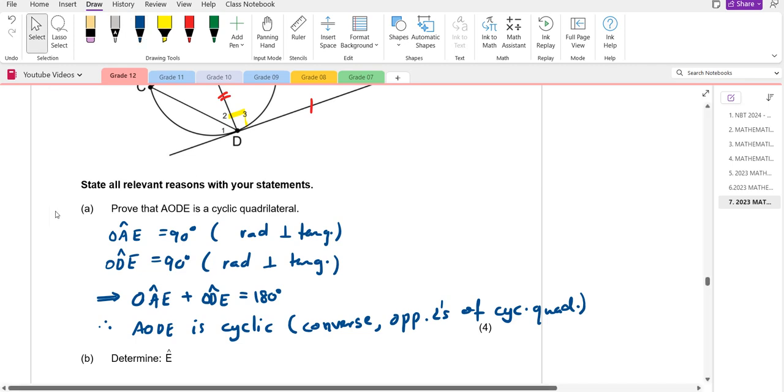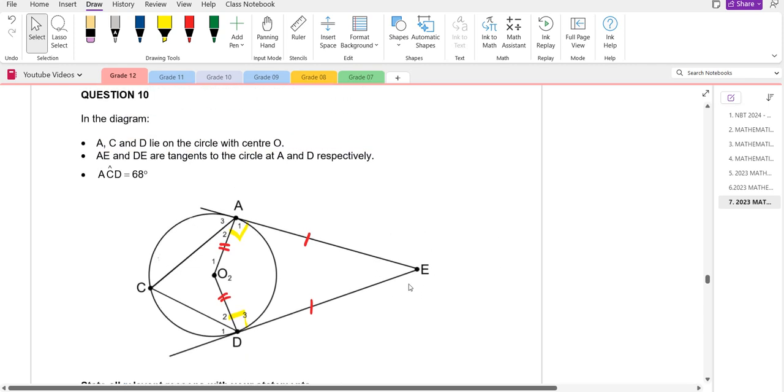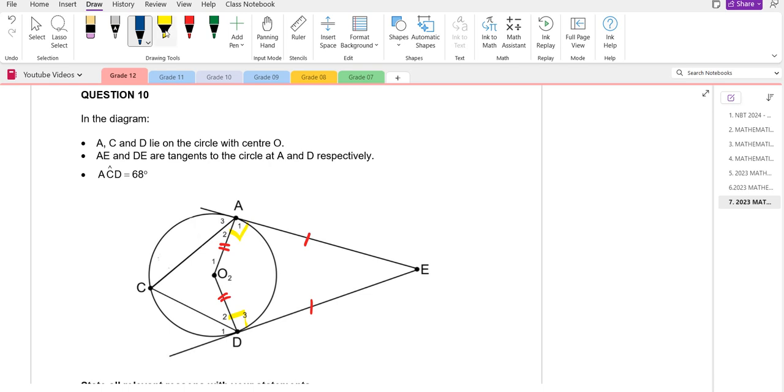Determine angle E. How are we going to find angle E? Well, we are given that ACD is 68 degrees. Simple. Then we can use angle at center equals twice angle at circumference.